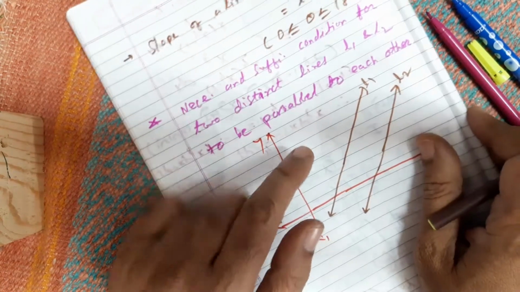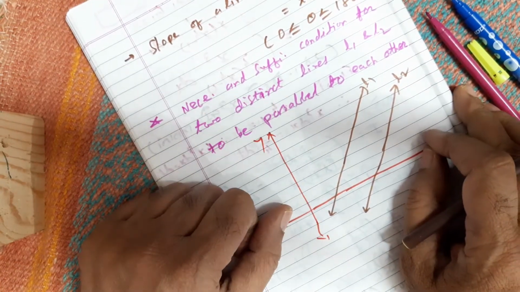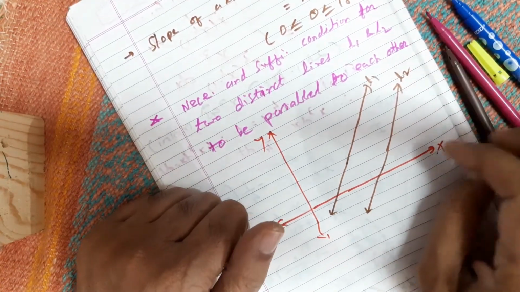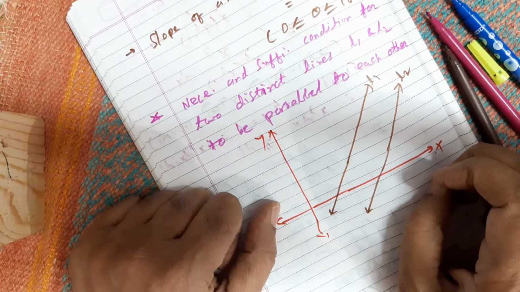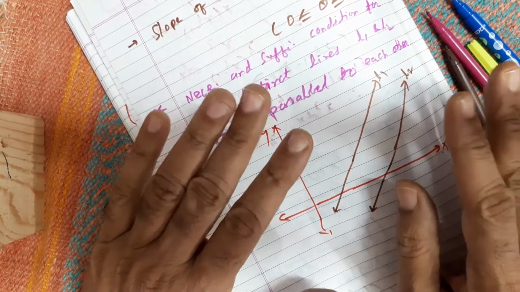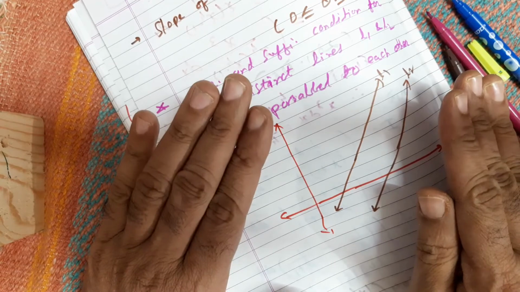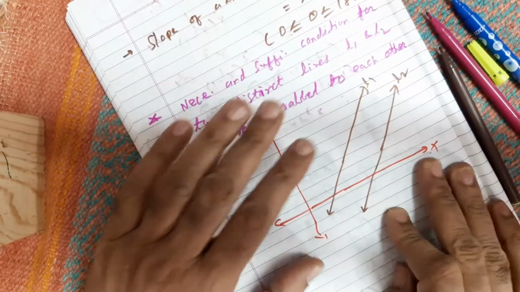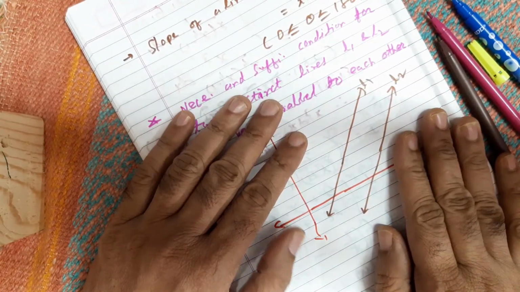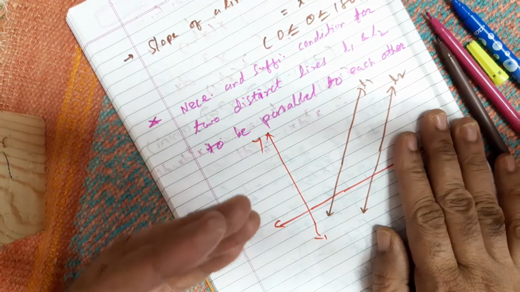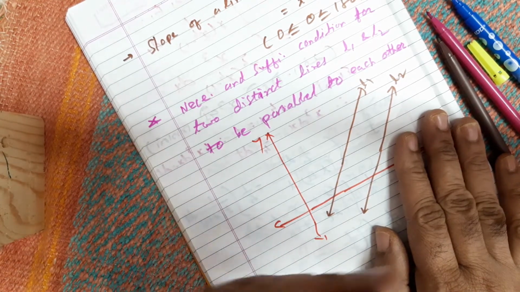Now, what do we mean by necessary and sufficient? It is not mentioned in the textbook, but I am giving you this word. Necessary and sufficient means double implies, which means the converse of the statement is also true.